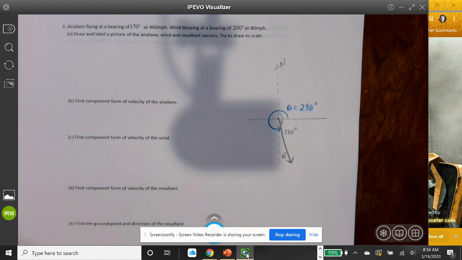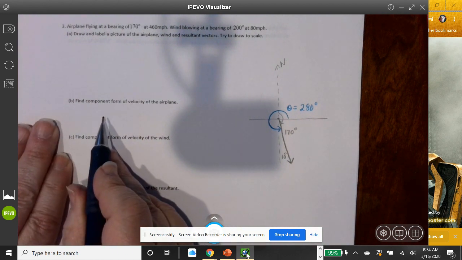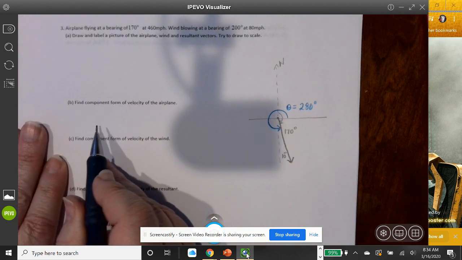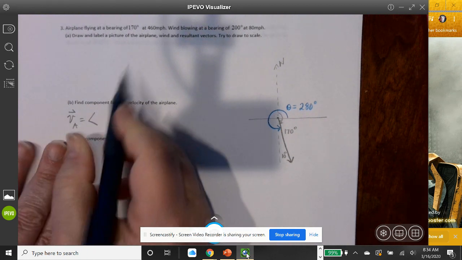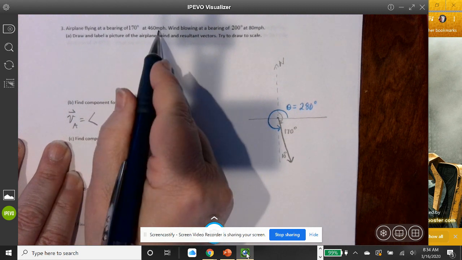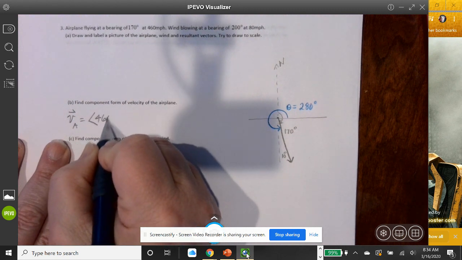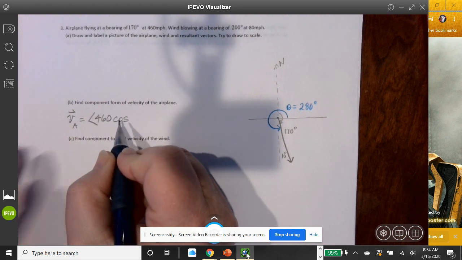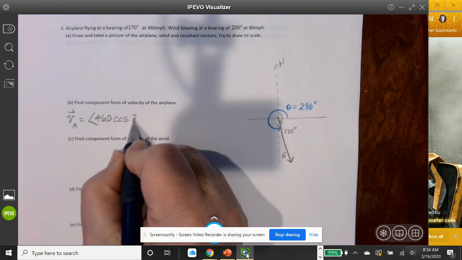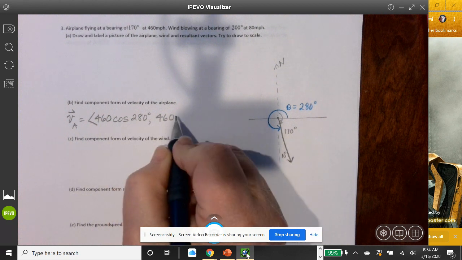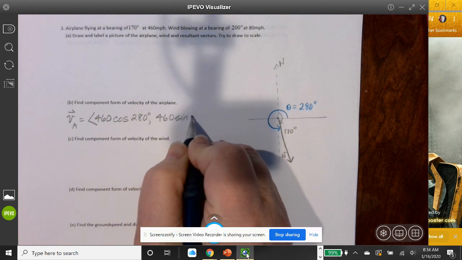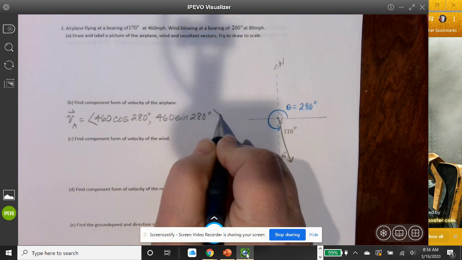Okay, so right now I'm ready to write the component form for the velocity of the airplane. The velocity of the airplane is going to equal its magnitude, which is 460 miles per hour, times the cosine of its direction angle, 280 degrees, and 460 times the sine of 280 degrees.